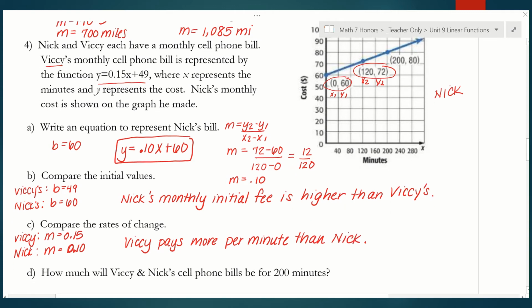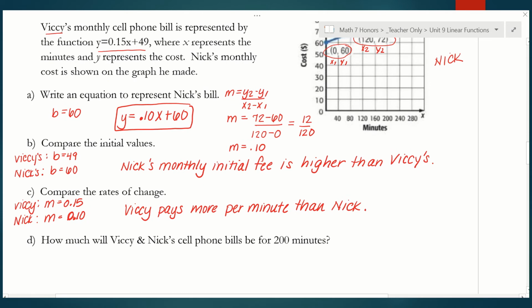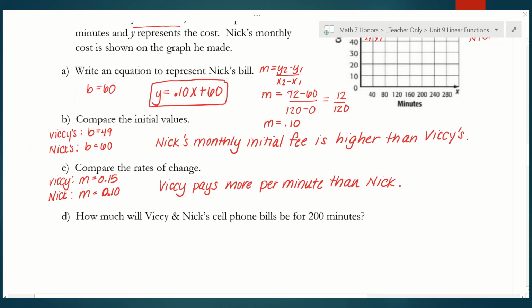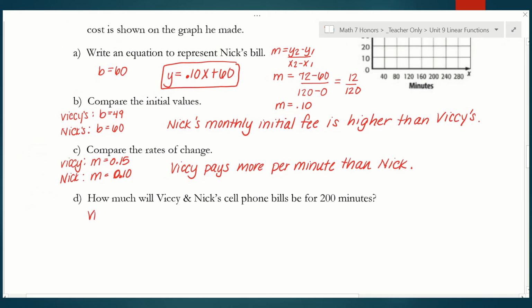Okay? All right, last part here. How much will Vicky and Nick's cell phone bills be for 200 minutes? All right, so we're going to want to use both equations, Vicky versus Nick, to figure this out. So Vicky's equation is y equals 0.15x plus 49.